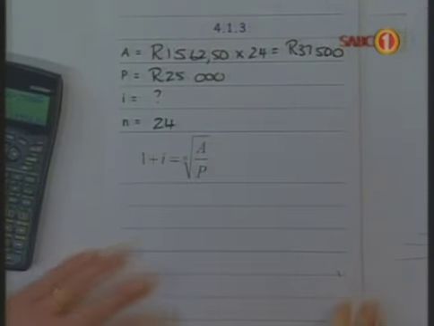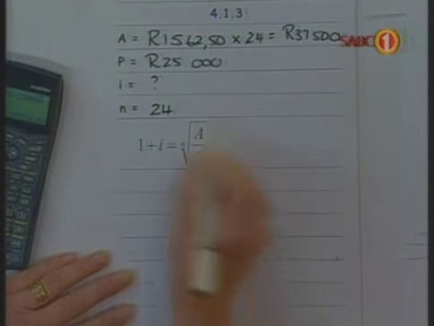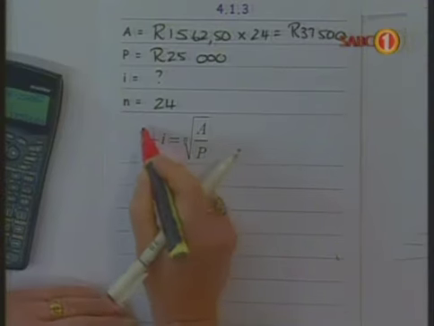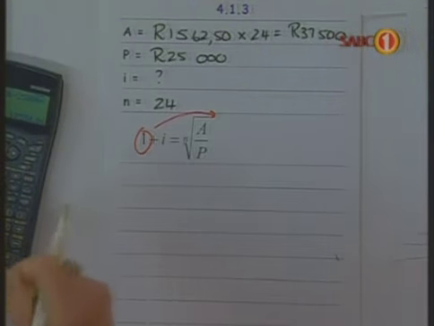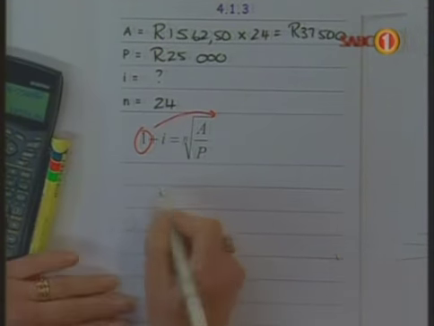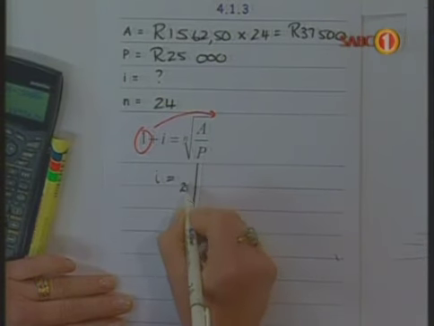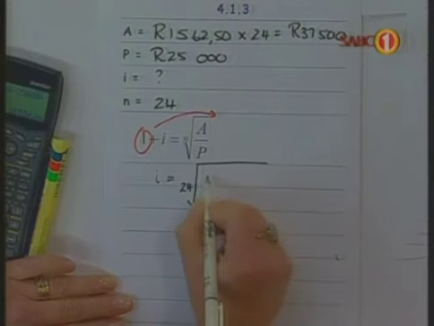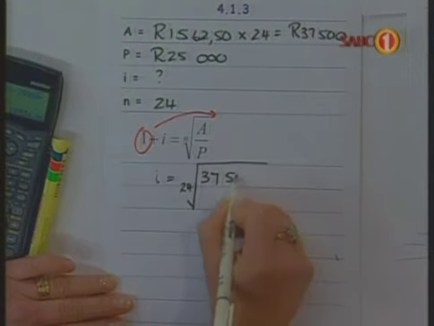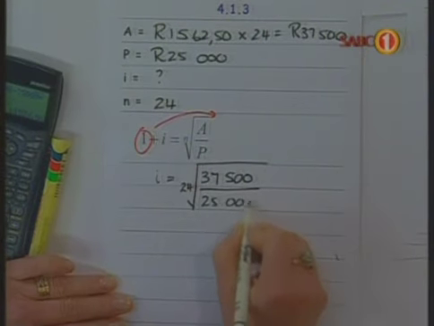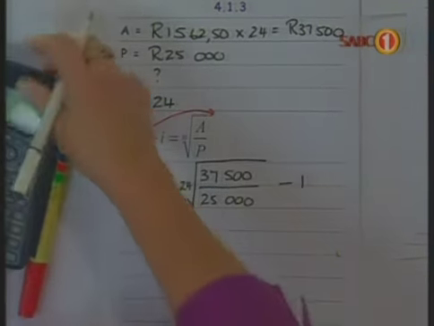When I take, and here's our formula, the first thing I like to do is take this one over to the other side and do the calculation in one step. So i is going to be, so what is our nth root? It is our number of months, it's 24. Our A value is 37,500. We're going to divide that by 25,000, and then we are going to subtract 1.